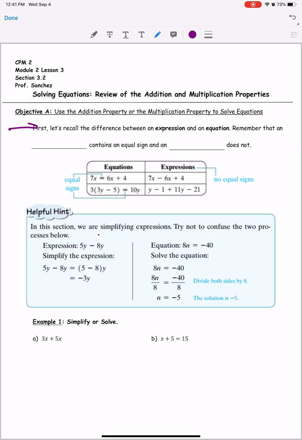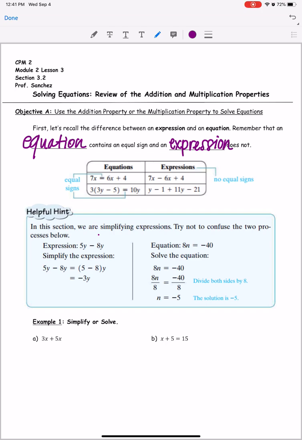So it says here, first, let's recall the difference between an expression and an equation. Remember that an equation contains an equal sign and an expression does not. So in the first lesson, there was a bigger table of examples.